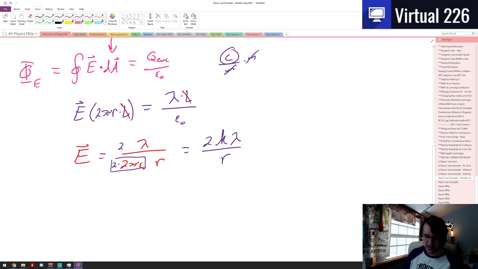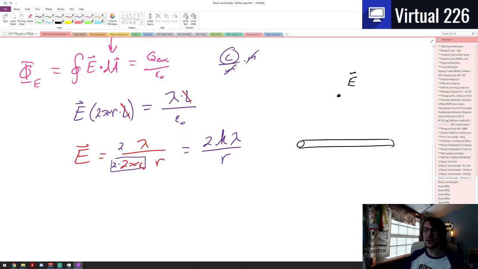Which is really, really cool. It is possible to derive this by taking the actual integral of the E fields, but it's really kind of a pain if you wanted to do that. You have to start using trigonometric substitution in order to do it. Like you could do this if you had a charged rod here, and you said, what's the E field out here?